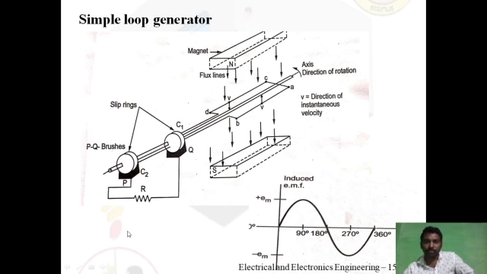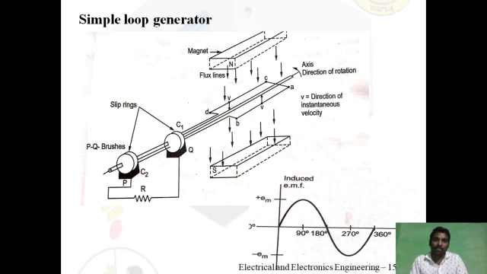Now if you observe the diagram, basically we know that in order to induce an EMF in a conductor, we need two things. One is the magnetic field. We have taken a bar magnet for the purpose of explanation. And the other one is a conductor which is wound on the magnetic material, as we have seen.